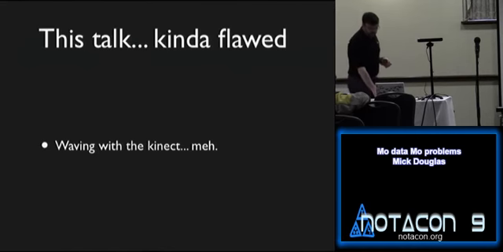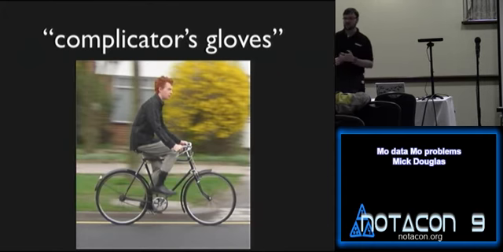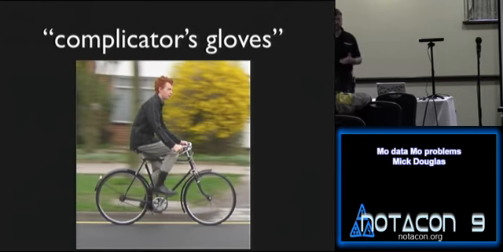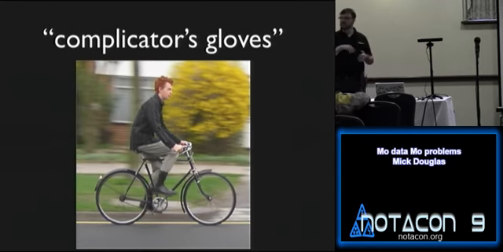And one of the things that I wanted to point out was a good story that I remember reading on thedailywtf.com. That's a site that was developed by a guy named Alex, based here in Cleveland. Real nice chap. If you ever see him, say hi. But the Complicator's Gloves is an interesting story. This was posted years ago, but it really resonated with me, so I remembered it.